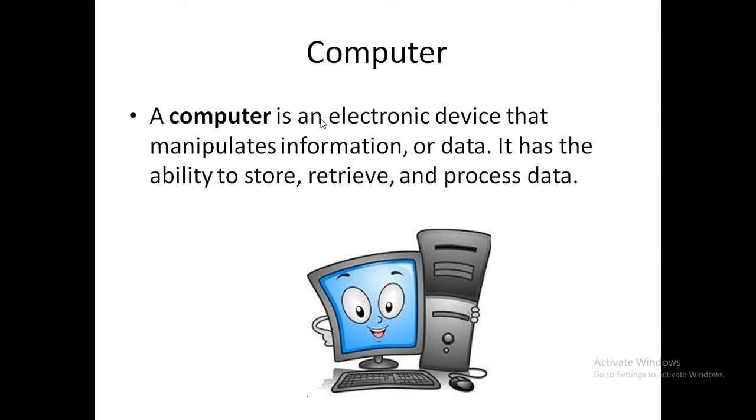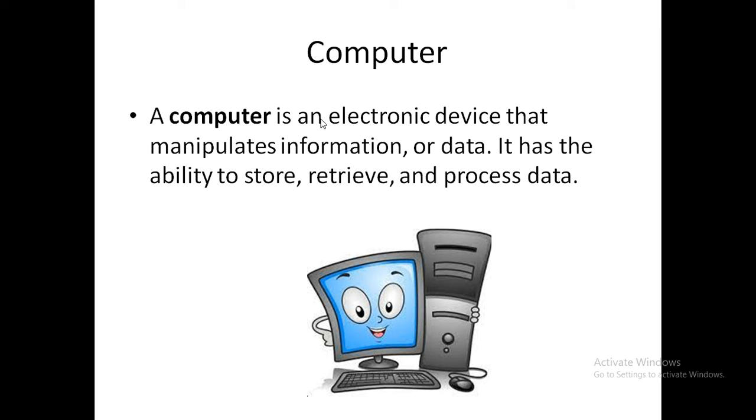We can store any kind of images, songs, videos in a laptop or in a desktop computer. Why do we do that? So that we can retrieve that particular picture and see it whenever we want. Yes or no? That is retrieving.